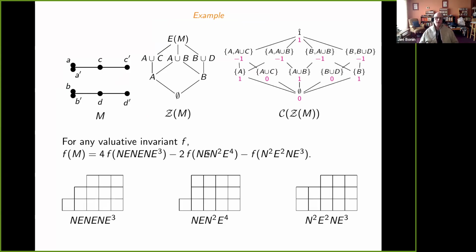In this one of our running examples, those chains at the top are this type of nested matroid, where you have a parallel pair and then two more points on a line and then the whole thing. So I have 4 of those -1s. That translates into 4 times whatever the invariant is on this nested matroid.